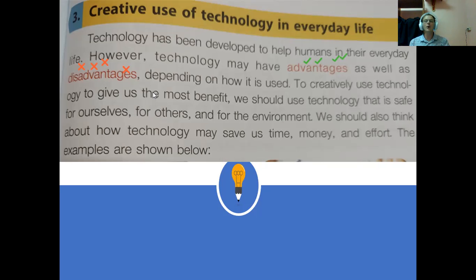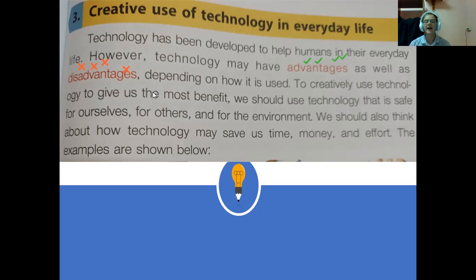So in that sense, when we use technology, we should use technology that's safe to use for ourselves, so we don't get any injuries or maybe get some disabilities. Also to others, we don't want to cause harm to others, and then ultimately to the environment.